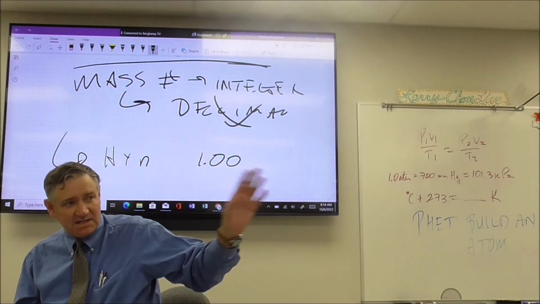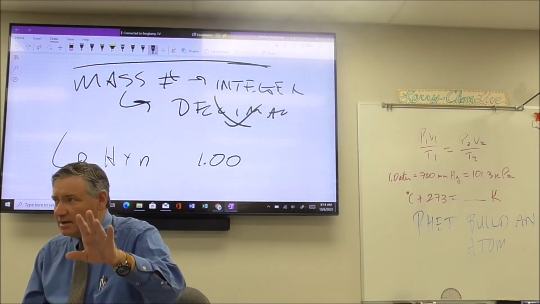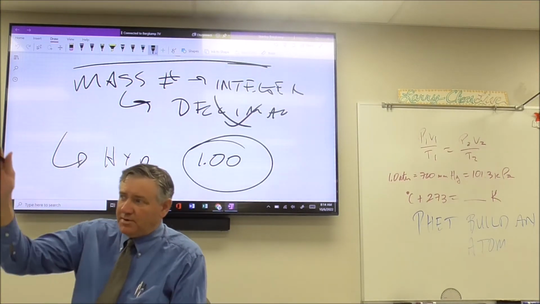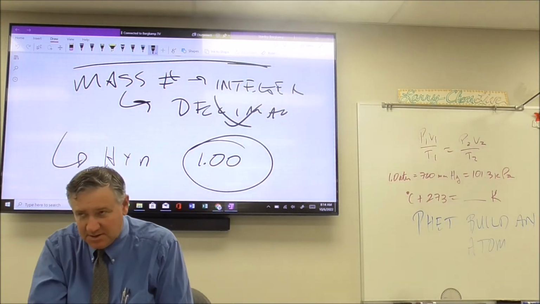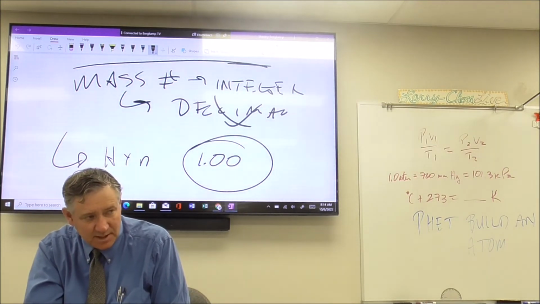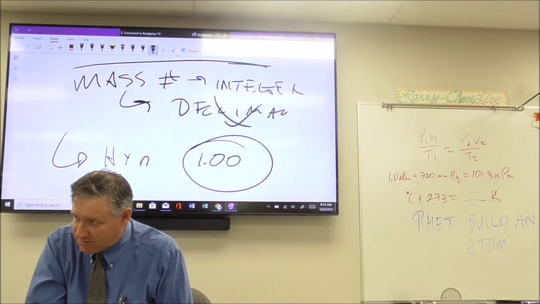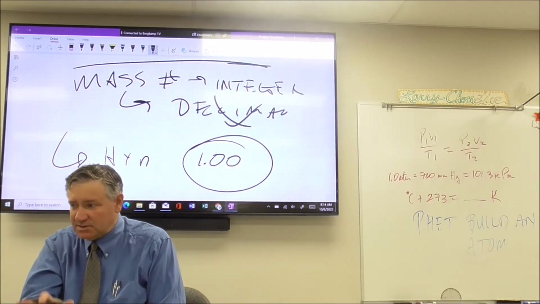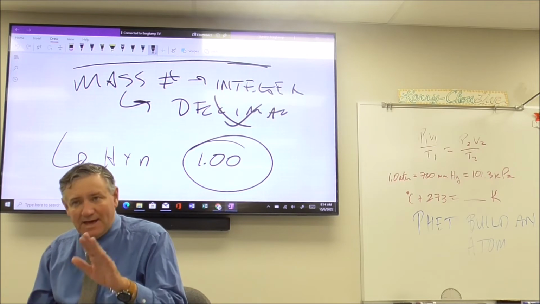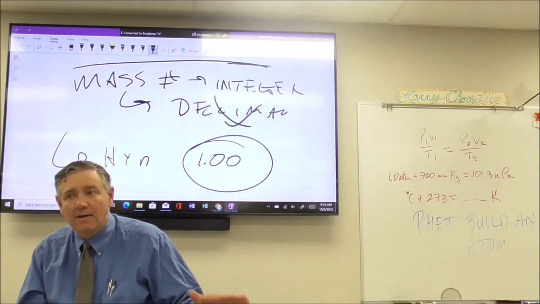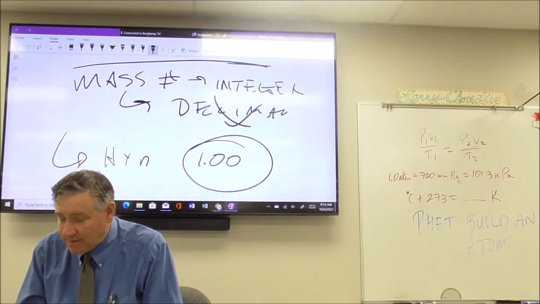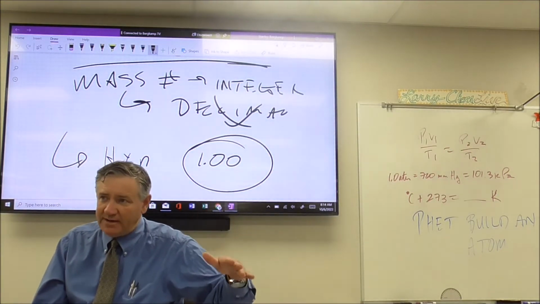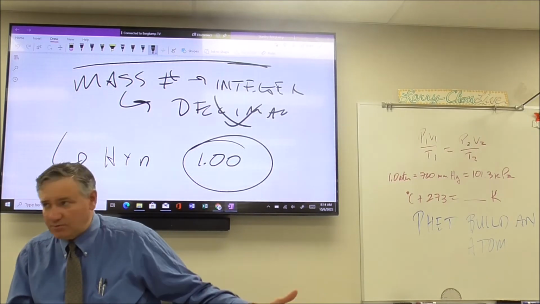But the vast majority of hydrogen is just hydrogen 1, because what you see on the periodic table is an average. So when you look at that relative atomic mass of hydrogen being 1.00, that isn't the mass number. But you can figure out that most isotopes of hydrogen are just hydrogen 1, okay?